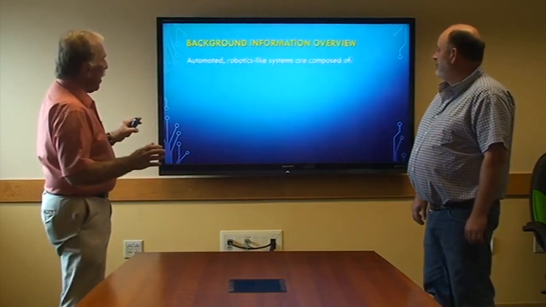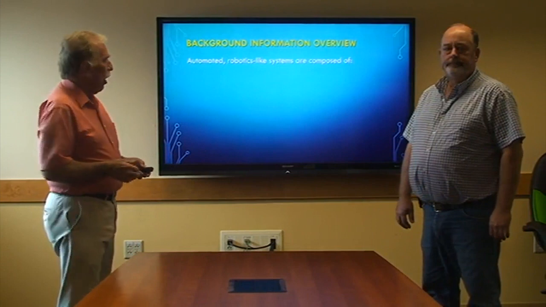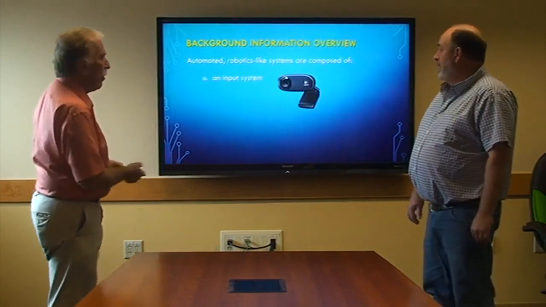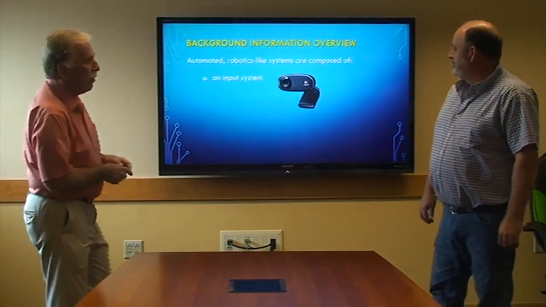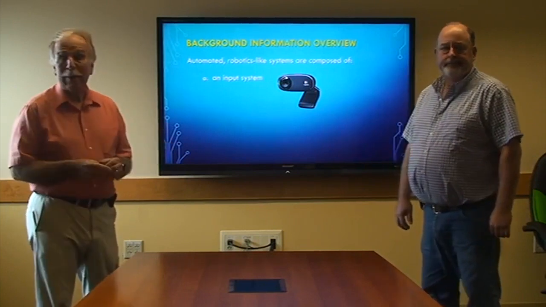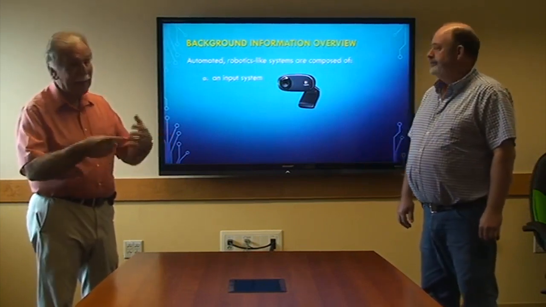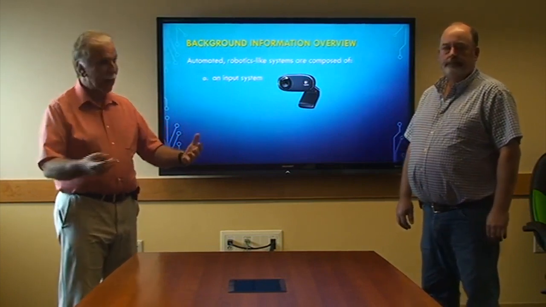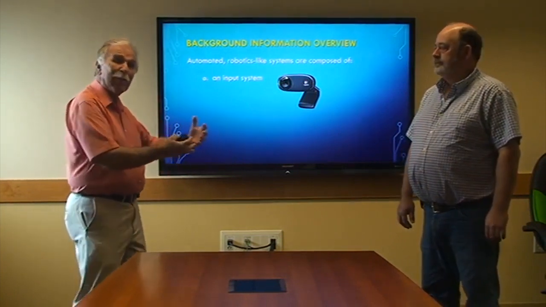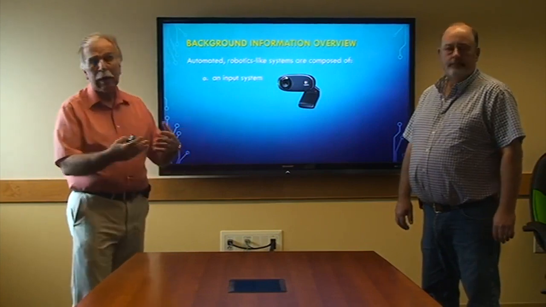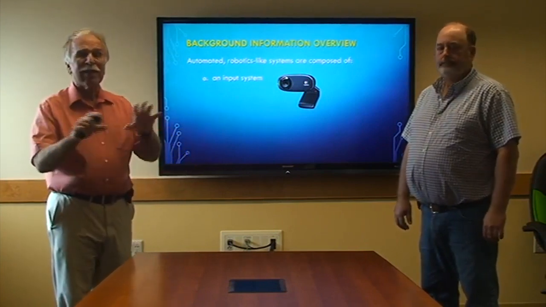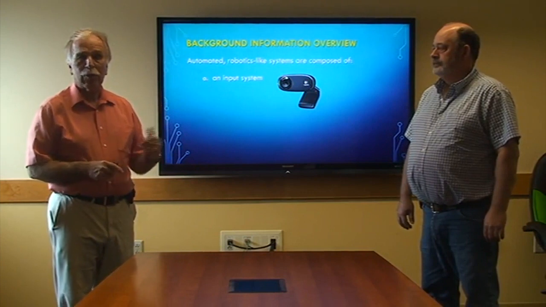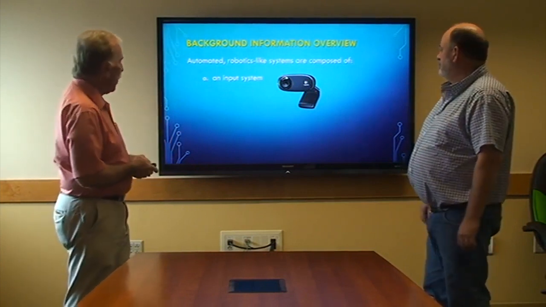So let's look a little bit at a robotic system and what it's composed of. It is an input system. Our input system might be like a camera, and we use cameras everywhere. You think about the Tesla automated cars or any of the cars that have some type of driver assist or automated driving system, they have cameras everywhere. So that's one common type of input device.